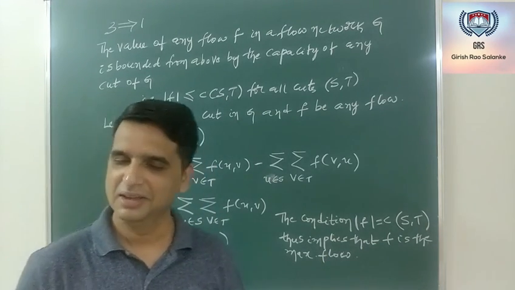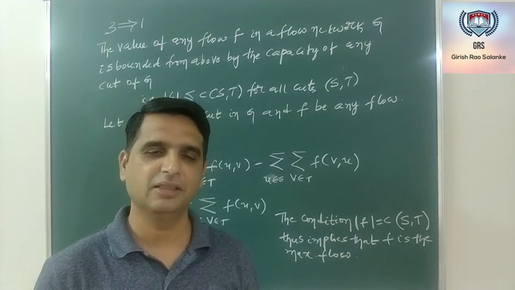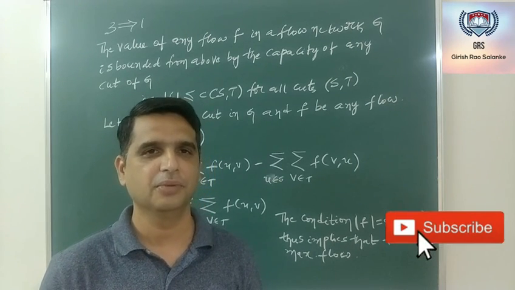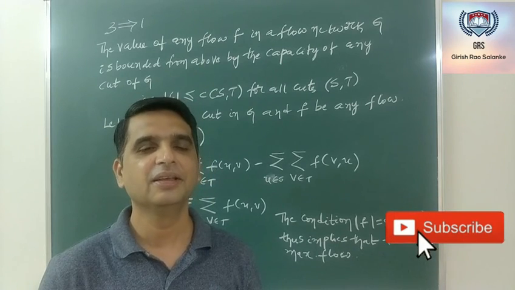This is about the max flow min cut theorem as well as the proof of the max flow min cut theorem. Hope this is clear. Thank you.